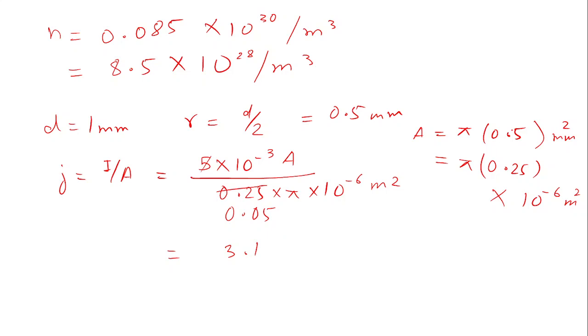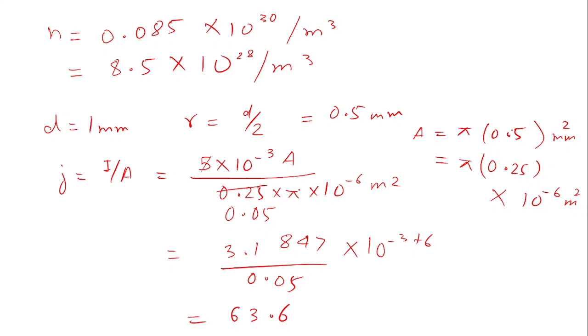Just a minute, 5 divided by, oh, I have 1 over 0.5 also, so 3.1847 divided by 0.05, and these exponents will be 10 to the power minus 3 plus 6, which means 63.6.